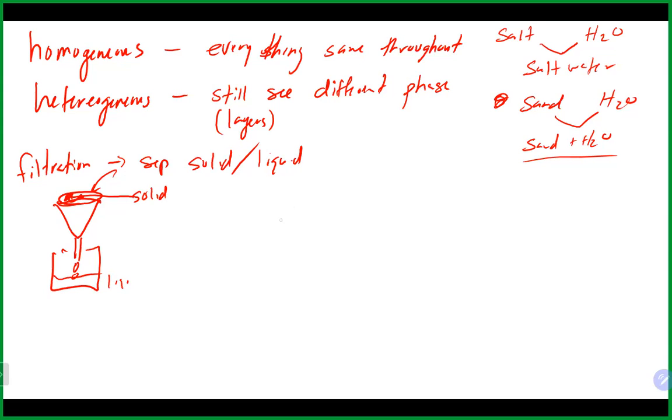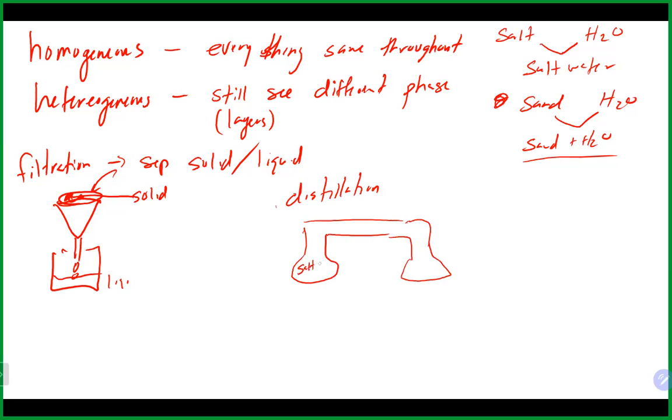You could also separate out a homogeneous mixture like salt water through a process known as distillation that we talked about. Basically, you did sort of a version of this without the collecting of the water part of it. But again, if you took that salt water and you heated it up, that's going to cause the water to start to evaporate.